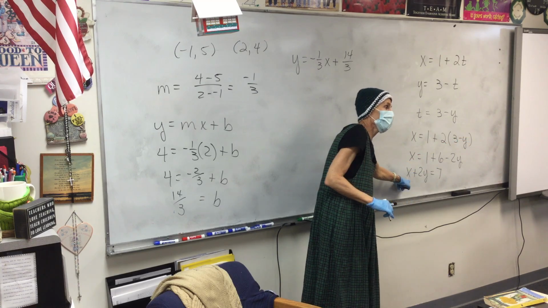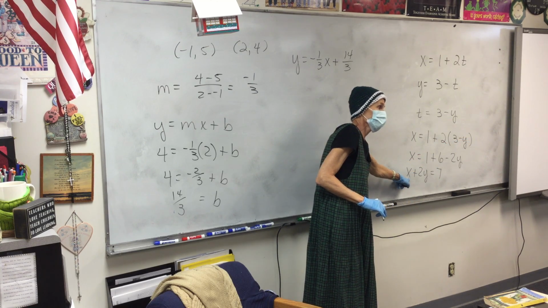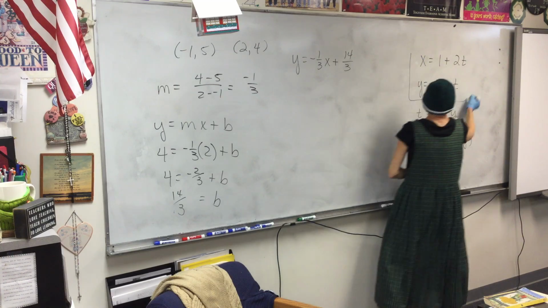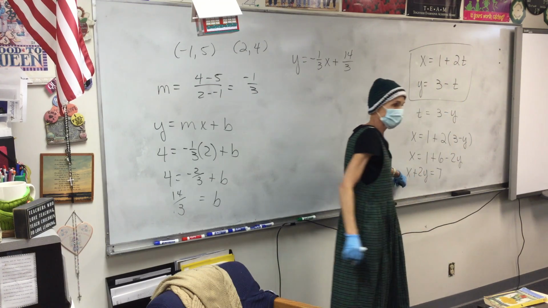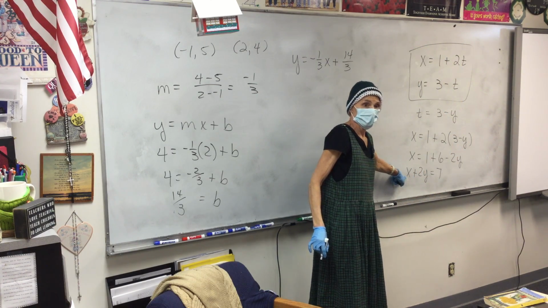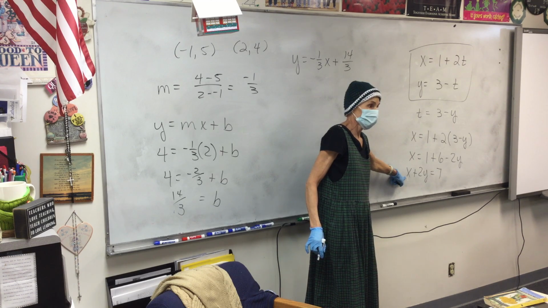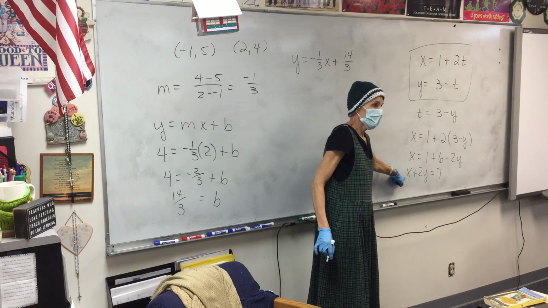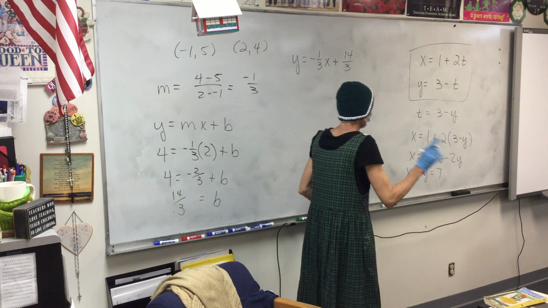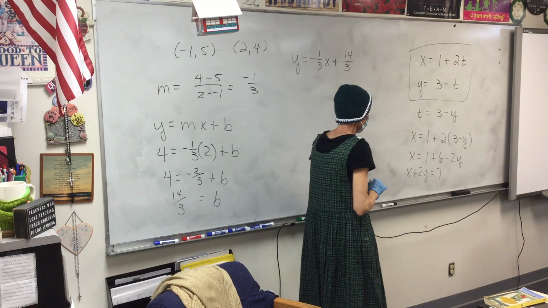That's the standard form of a line. So this is a line, right? These are parametric equations that describe this line. You okay with that? Now I want to show you something that maybe you hadn't talked about before.